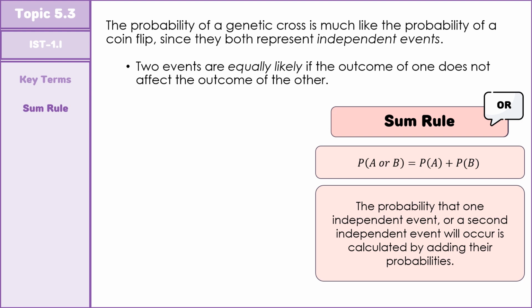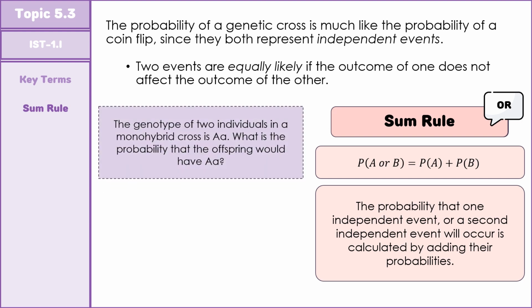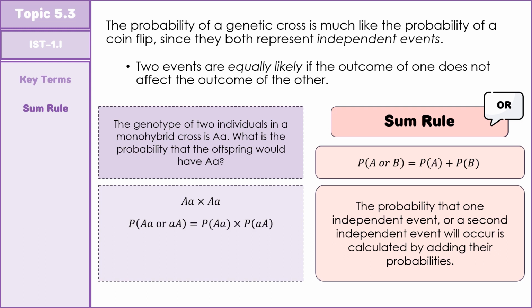So let's look at another practice problem. In this problem, we have the genotype of two individuals in a monohybrid cross that is heterozygous. What is the probability that our offspring would be heterozygous? So we would establish first our parents. We have two heterozygous individuals. We want to figure out what is our probability of having heterozygous offspring that have either of those two associations.